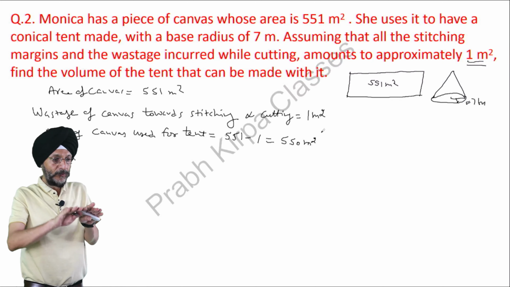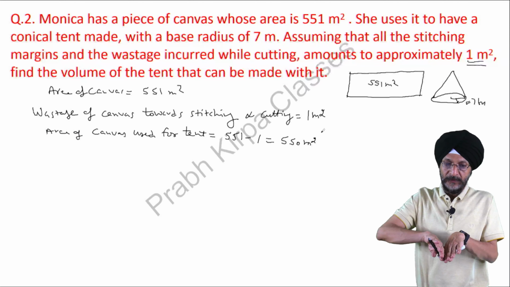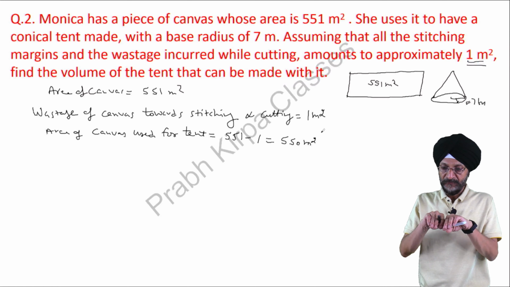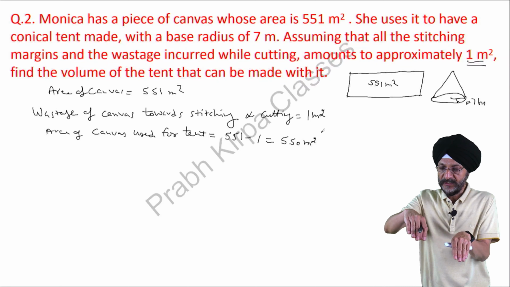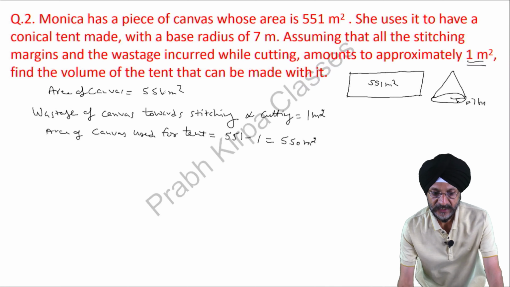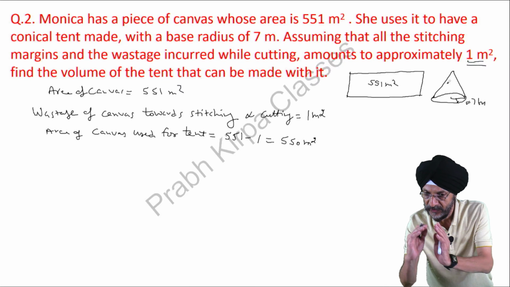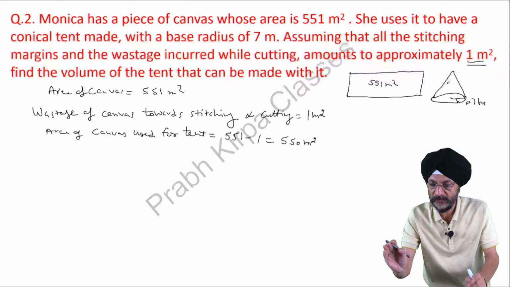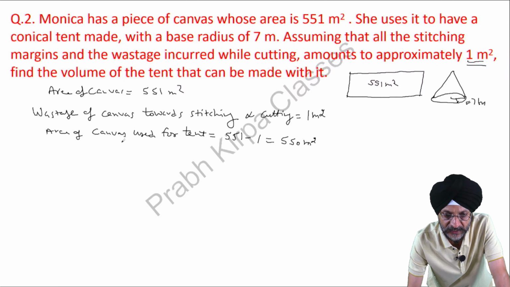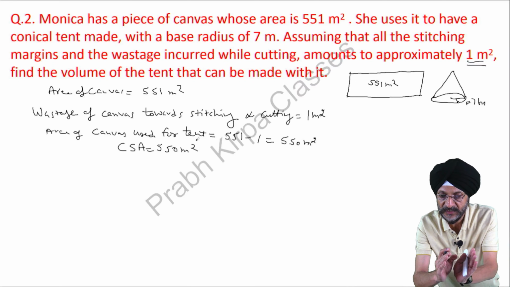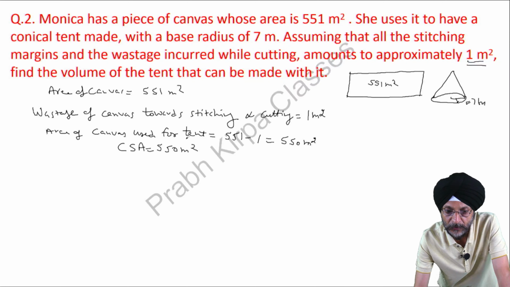It means that when we fold a canvas to do stitching, some of the canvas goes inside, and the outer area of the canvas which appears to us is the curved surface area of the tent. Whatever goes inside the tent towards stitching is not visible to us. So the curved surface area of the tent is 550 square meter. This is the canvas which was available for making the tent.